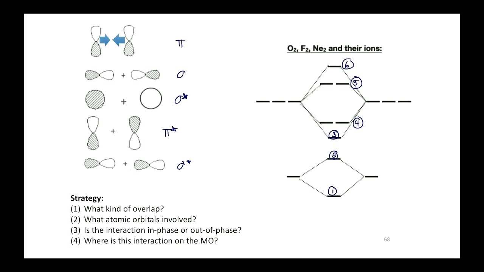So we already figured out the overlap. Now we want to figure out where they occur in the MO diagram. So we want to locate the interaction, but also think about what atomic orbitals make up that interaction, because that will tell you whether it belongs in this top block between p interactions or this bottom block between s interactions.